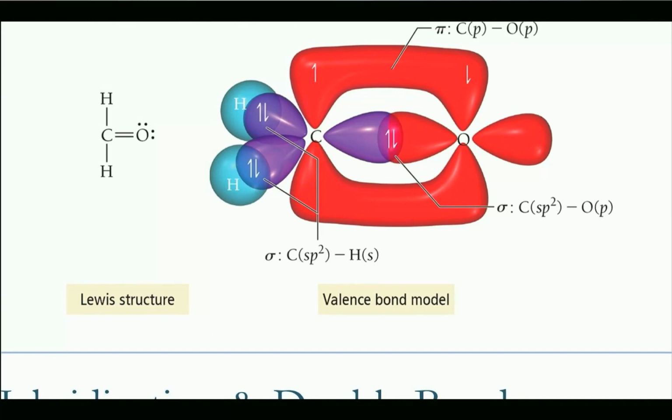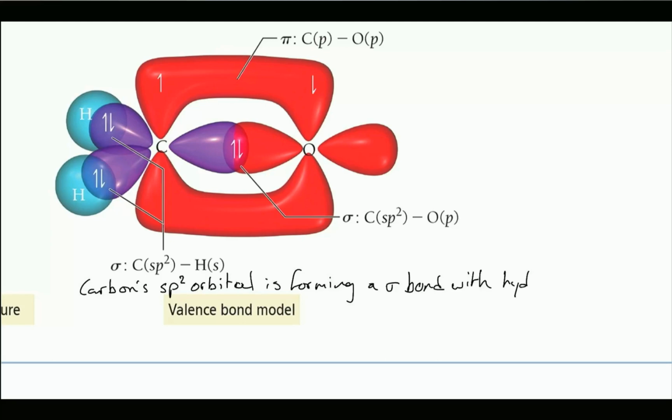So this is saying carbon's sp2 orbital is forming a sigma bond with hydrogen's s orbital. It should be pretty obvious why we use shorthand notation for that whole long sentence. All right, so that's all that means.